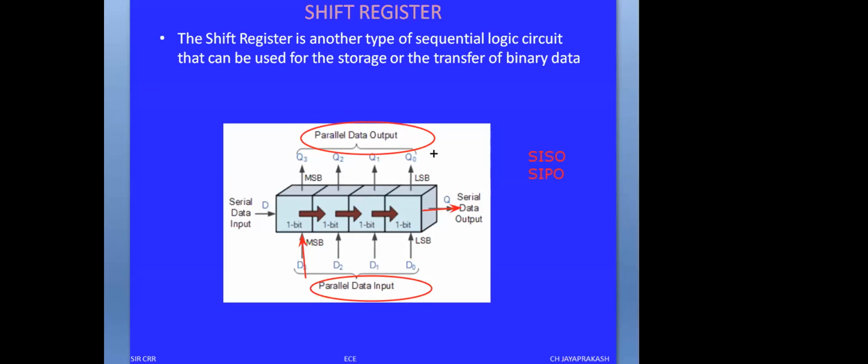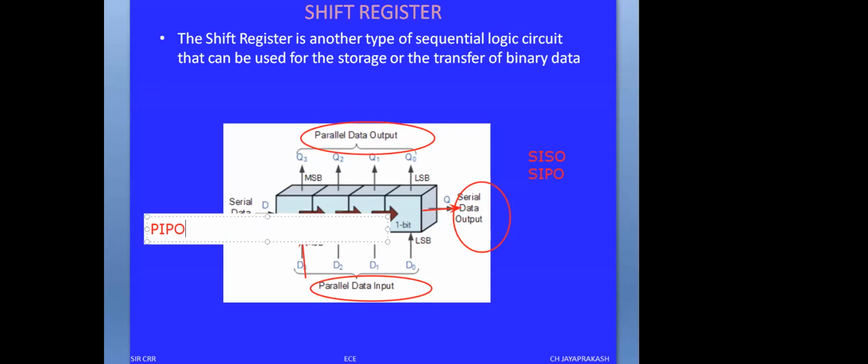That is, parallel input, parallel output, or else parallel input, serial output. Therefore, with reference to this, we can have two types of operation: parallel input, parallel output data transmission, and parallel input, serial output transmission.